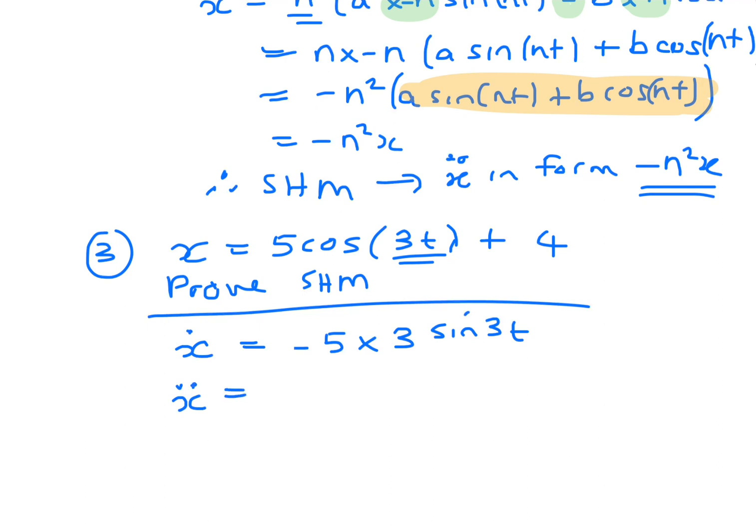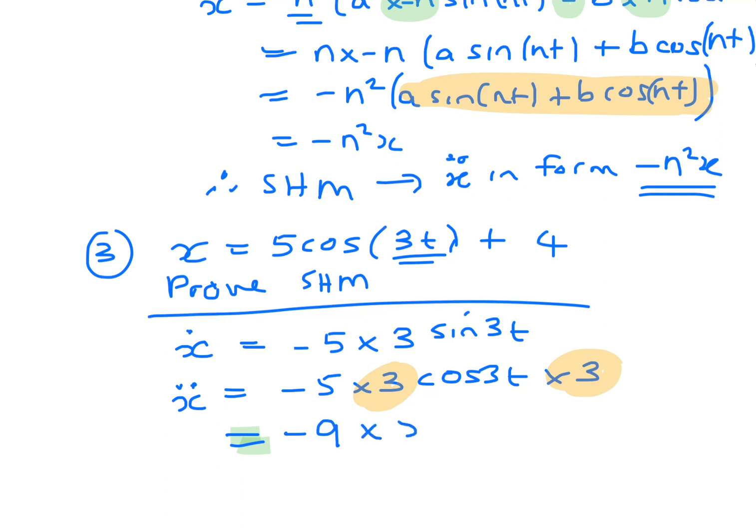Differentiate again, you get minus 5 times 3, sine will go to cos 3t, times the derivative, which is another 3. So if you look at the 3 and the 3, and you take that out the front, that's your minus n squared. So that's going to be minus 3 threes are 9 times 5 cos 3t.